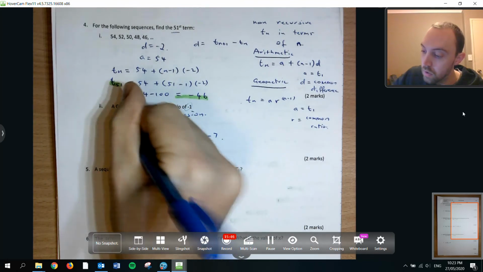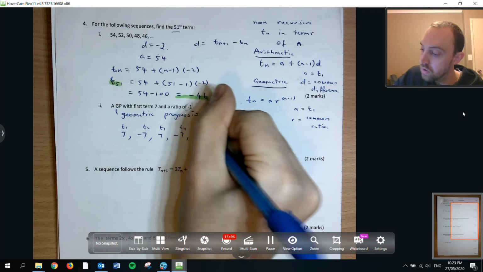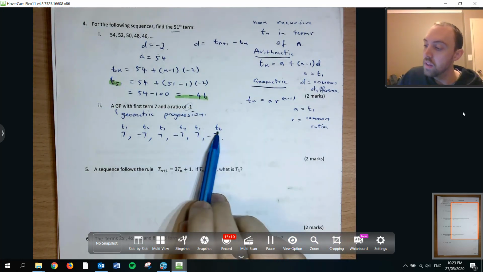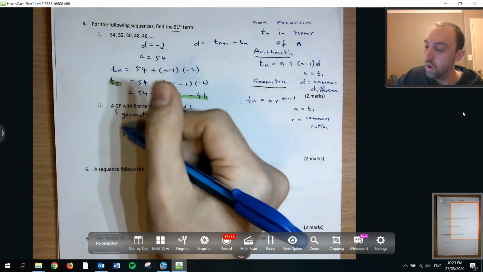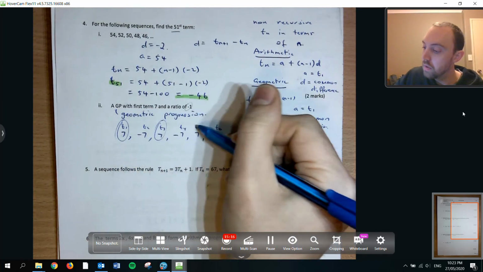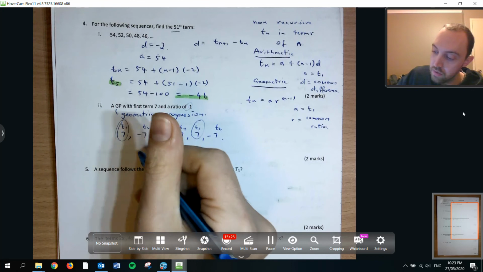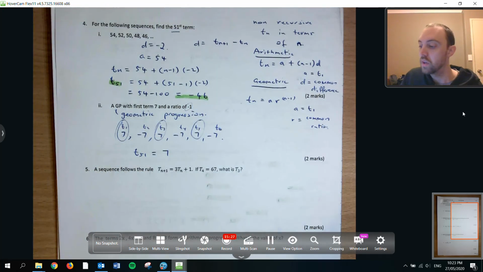So I've got T1, T2, T3, T4, T5, T6, and we want the 51st term. And what you might notice is that your odd values are always positive. So if they're always positive, then T51 is also going to be 7.